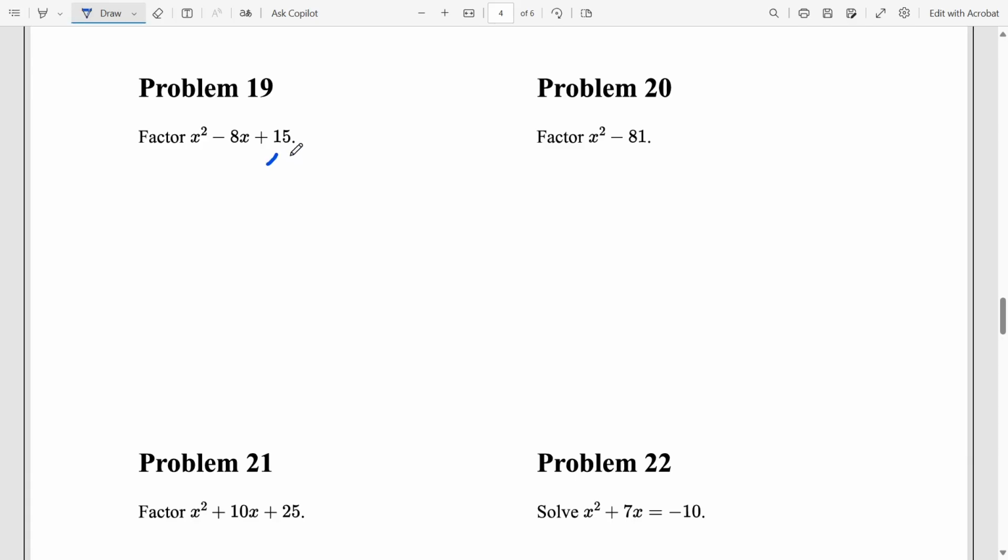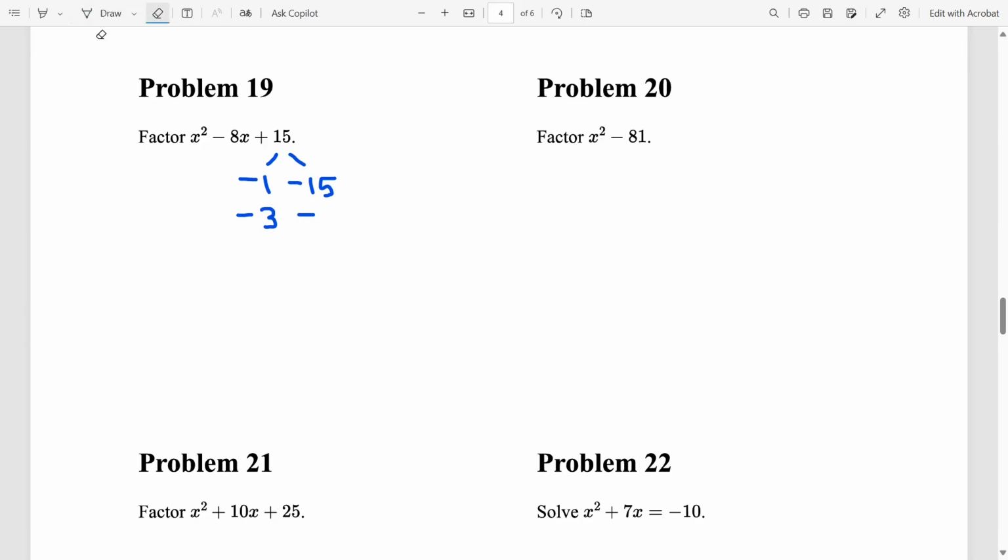We're going to list negative factors of positive 15. So I can multiply negative 1 times negative 15, but that adds to negative 16, so that doesn't work. Or we could do negative 3 times negative 5. That multiplies to positive 15, but adds to negative 8.